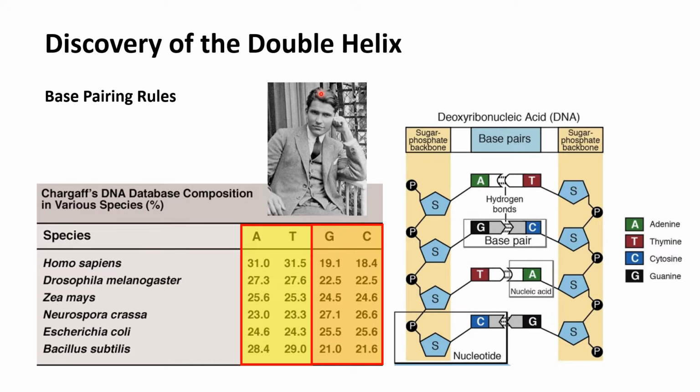So if we look at this basic structure here, we can see we have one strand of the sugar phosphate backbone in DNA, running from the phosphate 5' end to the 3' hydroxyl end. And notice the bases over here are adenine, guanine, thymine, and cytosine.